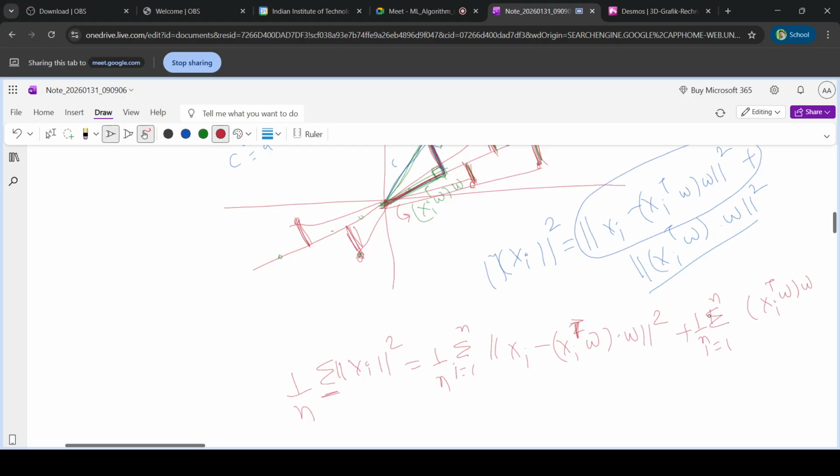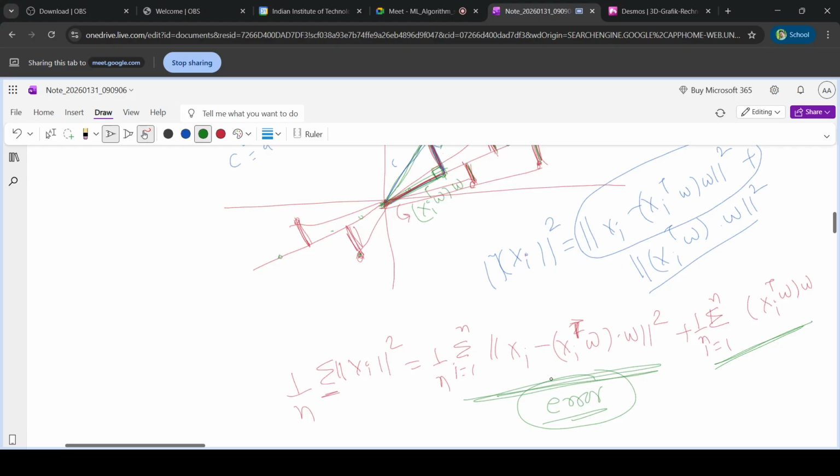You know that you want this error function to be small enough, because you are doing this summation of xi. But this is the combination of error plus this data.